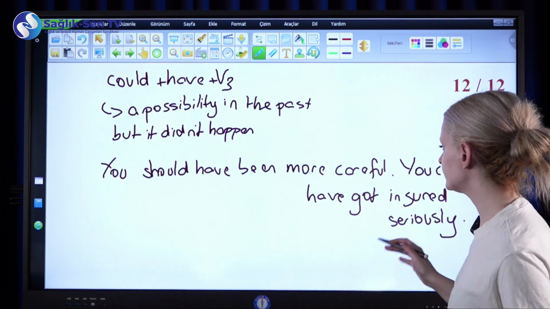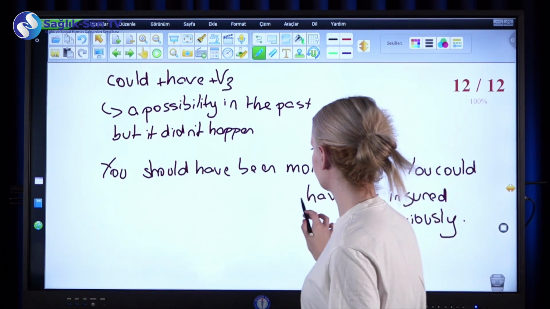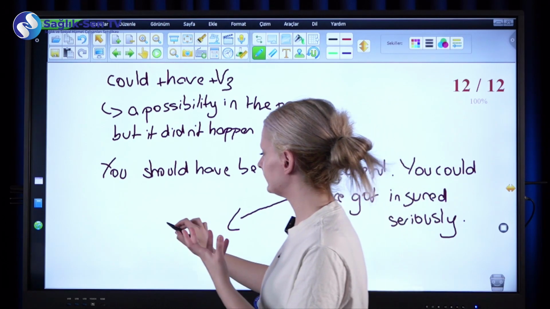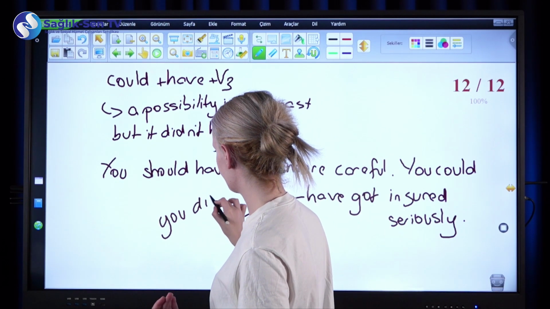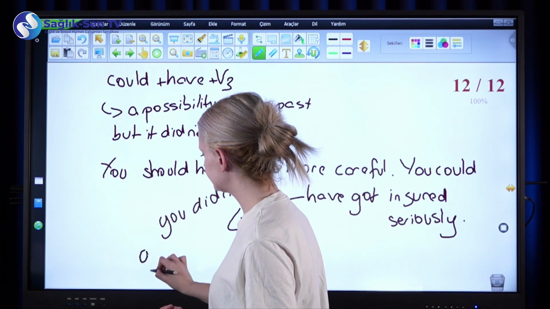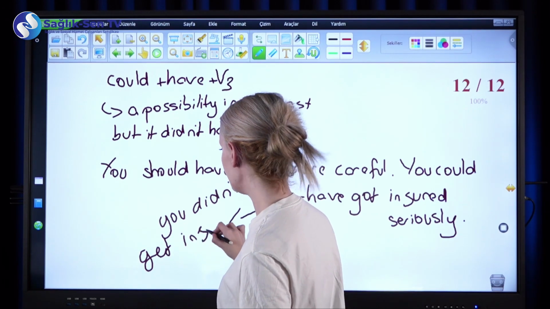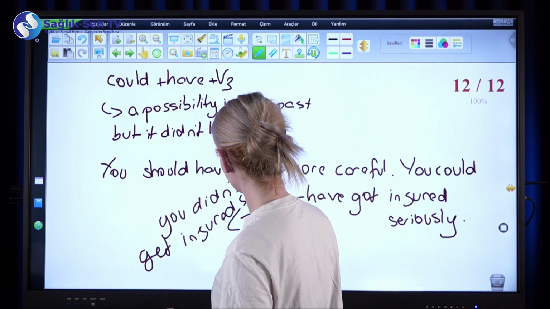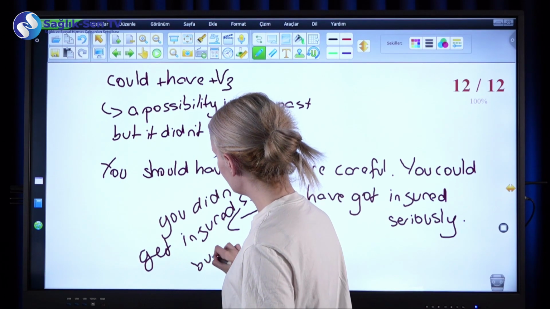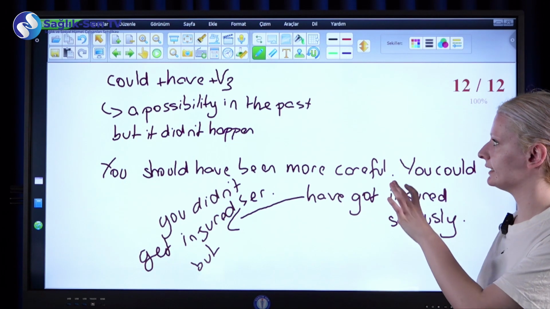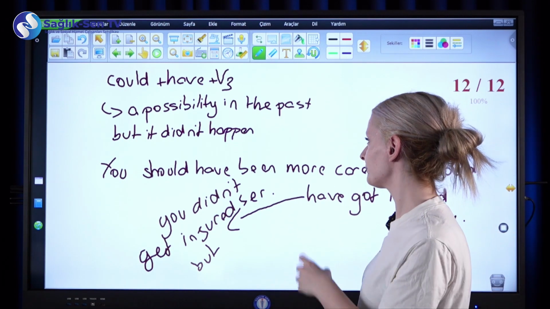So what we understand from here is that you didn't get injured seriously, but there was a possibility that you could have.